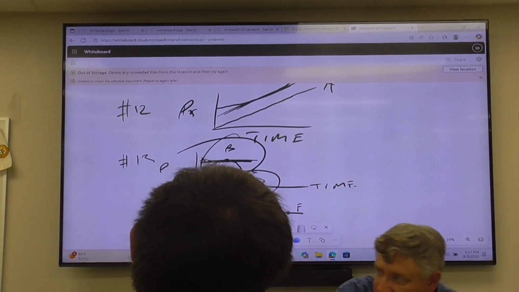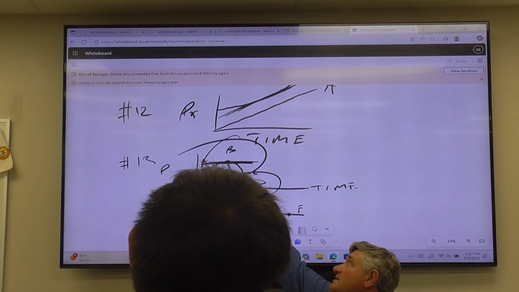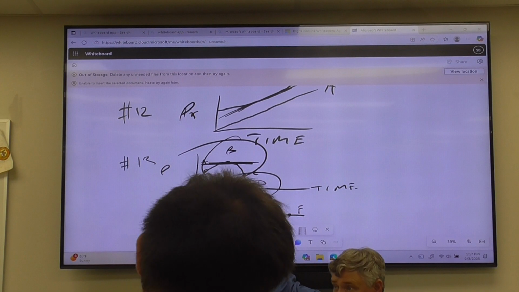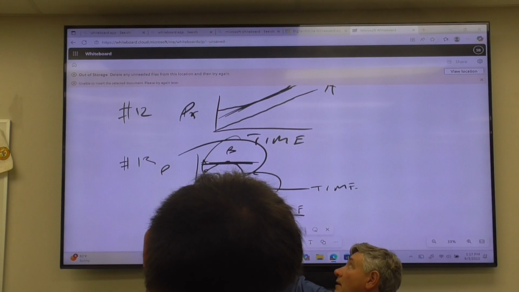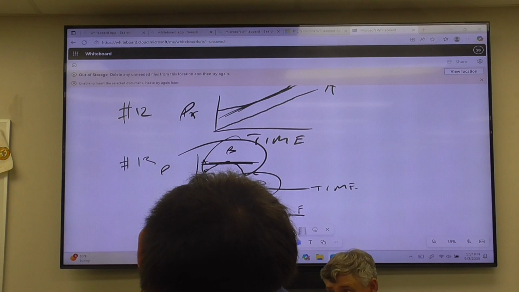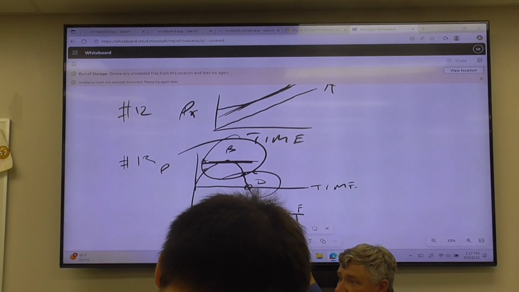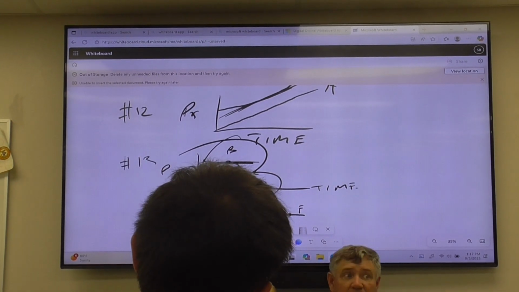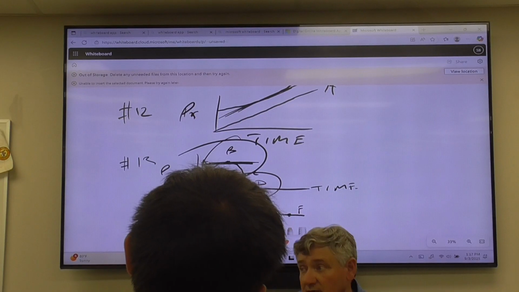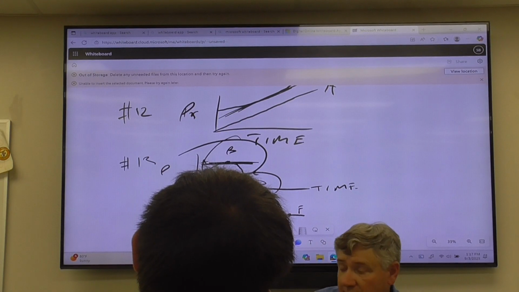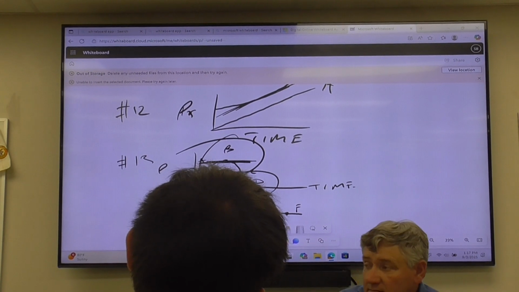When is it getting steeper? Clearly it's getting steeper from B to C. But then once you get past D, what does it begin to do? Slow down, because the graph is becoming more shallow. Okay? Does that help?